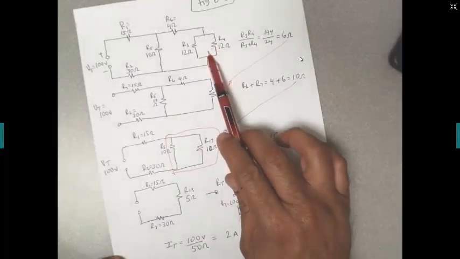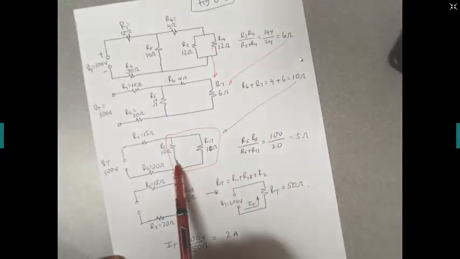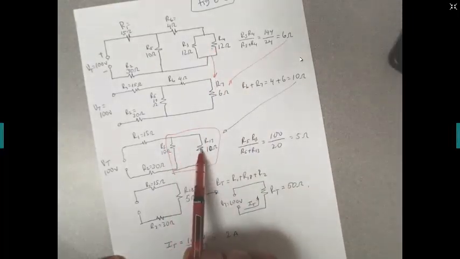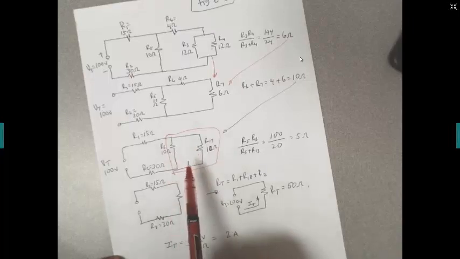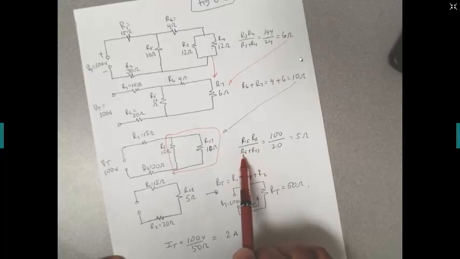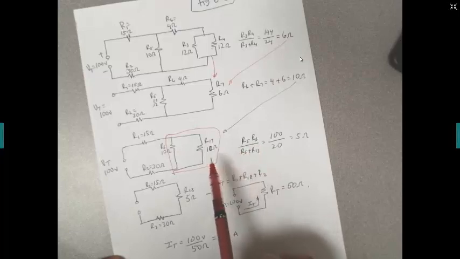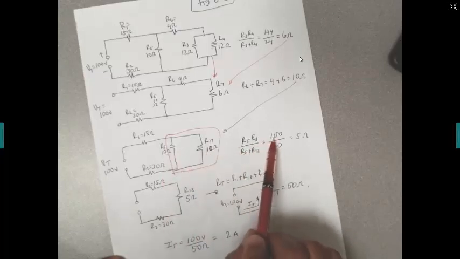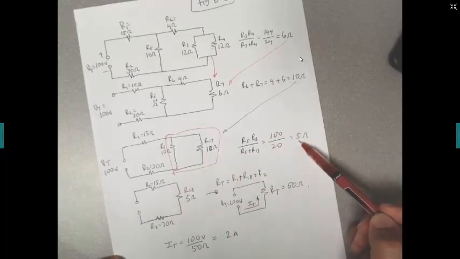Just like I did up here, I'm going to do the same operation here. I'm going to multiply this times this, then divide it by the sum. So R5 times R13 divided by R5 plus R13, which is 10 times 10 equals 100, and 10 plus 10 equals 20. 100 divided by 20 equals 5.